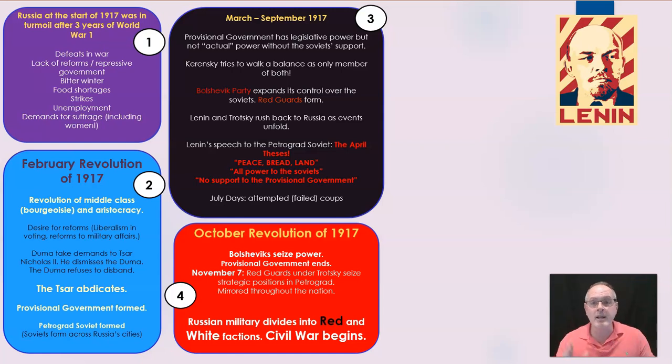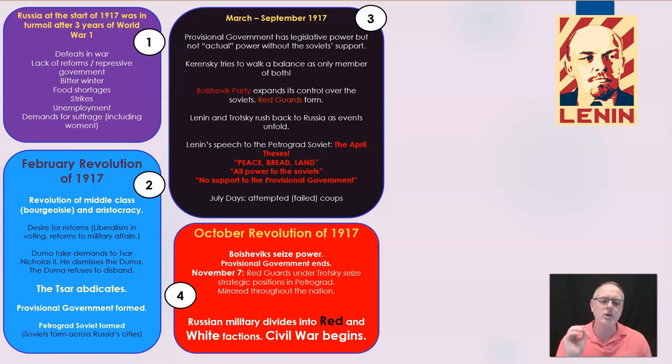Red Guards, led by Trotsky, our butcher in the Sacrifice International cartoon, seized strategic positions in Petrograd, and that taking of strategic positions and power is mirrored across all the towns and cities, all the major installations of Russia. The Bolsheviks meet little resistance in Petrograd, but have to really struggle in some places such as Moscow to take power.